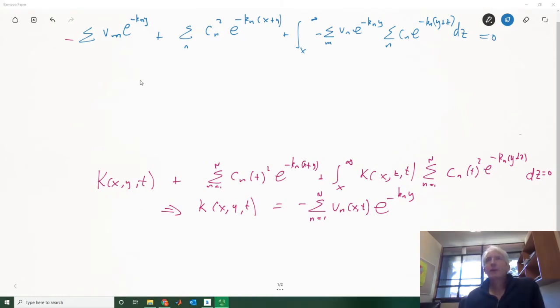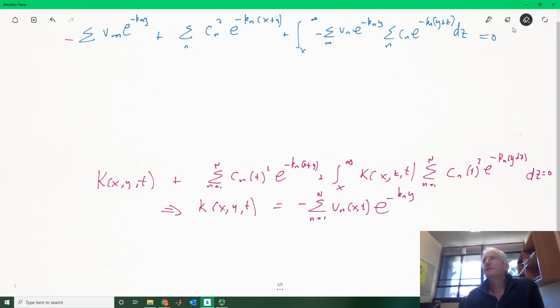Okay, got to be slightly careful about all these numberings here. Inside the bracket here, these should be n's, because they have to match the ones from matching, and these sums here are the n's. All right, so now I'm going to rub this bottom bit out.